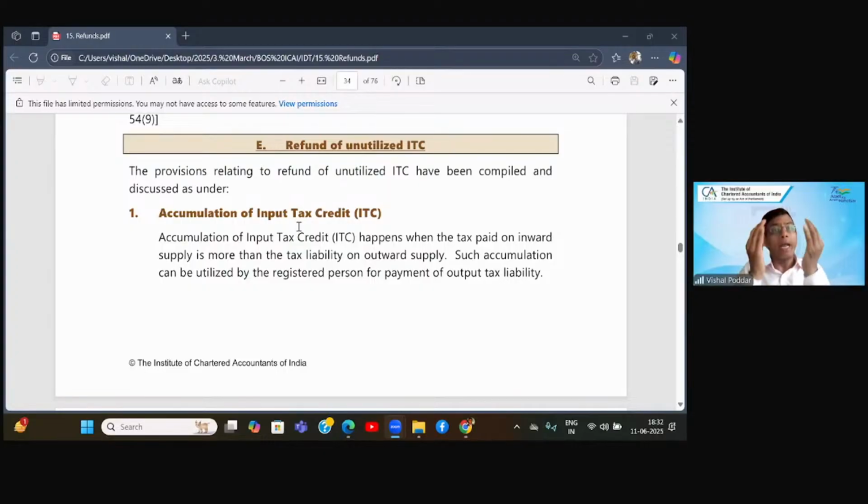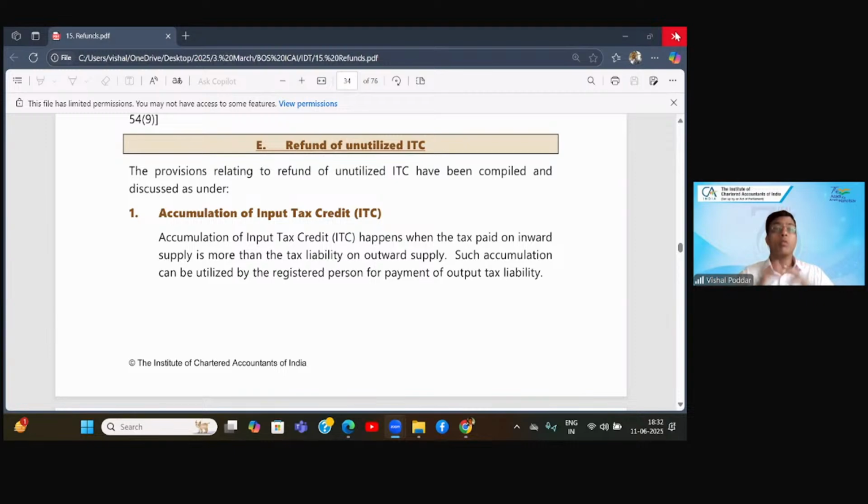So I need to work out the proportionate amount of ITC attributable to my eligible export supplies, or whatever is eligible for it. Perfect. So I tried to answer the first question, why only I require a calculation in this type of refund application and not in the other one.